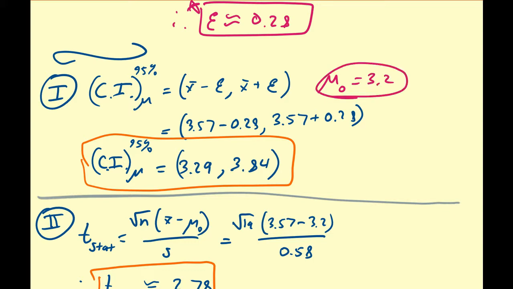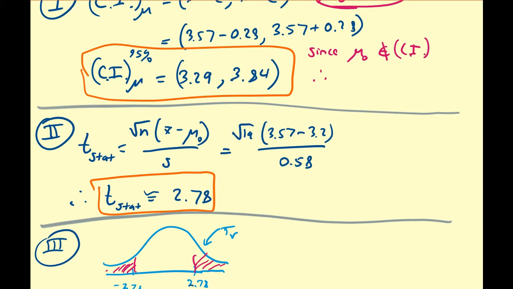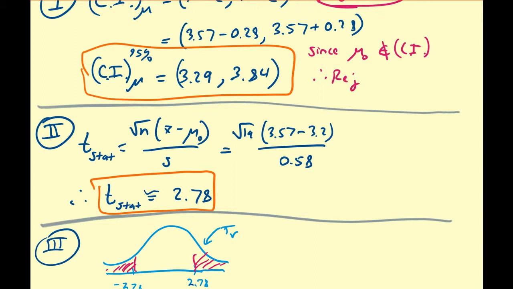If we look at this confidence interval, 3.2 is not in between 3.29 and 3.84. So since mu0 does not belong to my confidence interval, that means we're going to reject the null hypothesis.